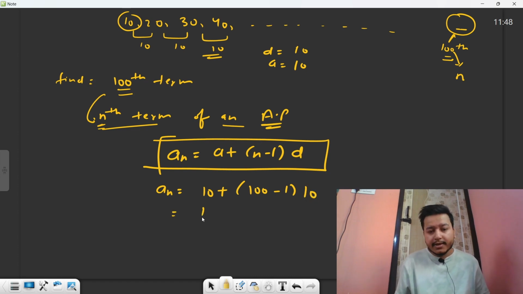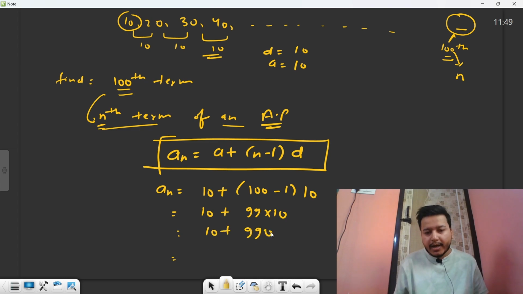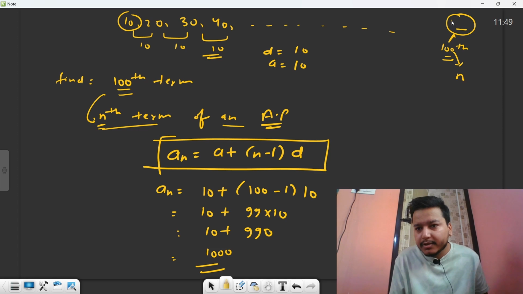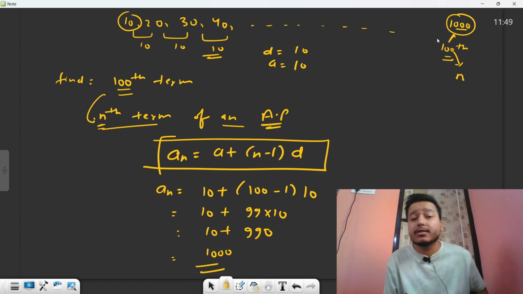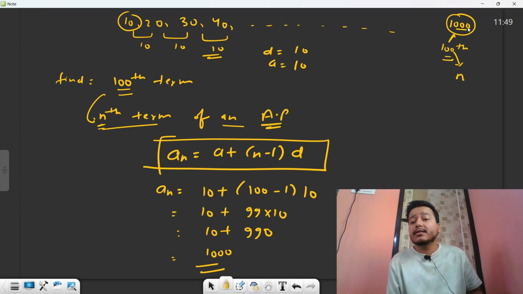So if we solve this, 10 plus 99 into 10, that is 10 plus 990. So 990 plus 10 is 1000. So the number 1000 will come here. So the hundredth term of this AP is 1000.